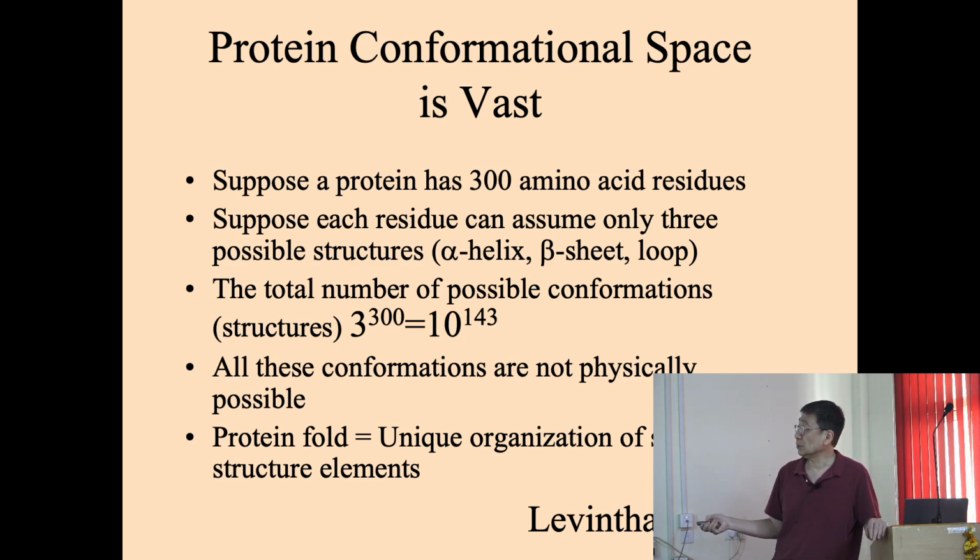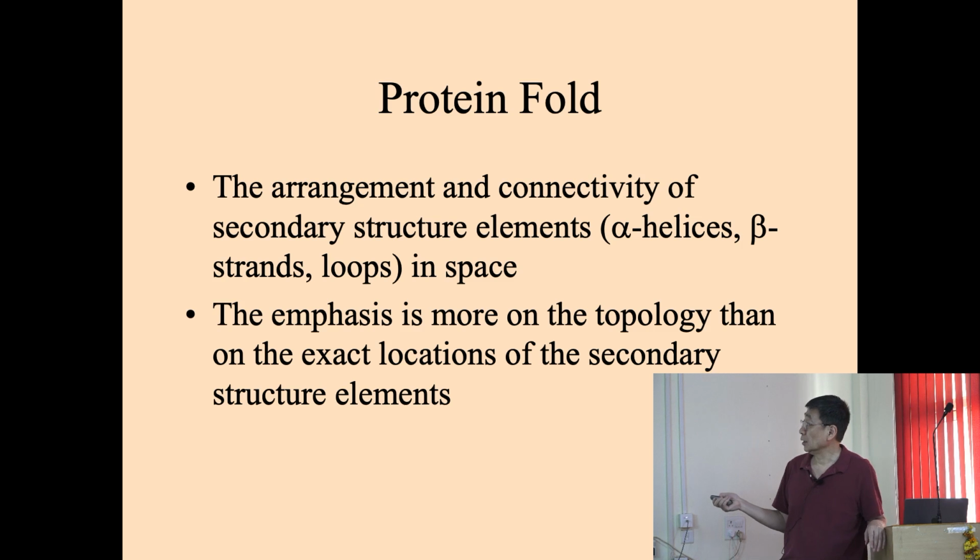The idea we have is that a protein fold is a unique organization of secondary structural elements in your protein: how these alpha helices and beta strands are arranged in the structure, how they are arranged and how they are connected.